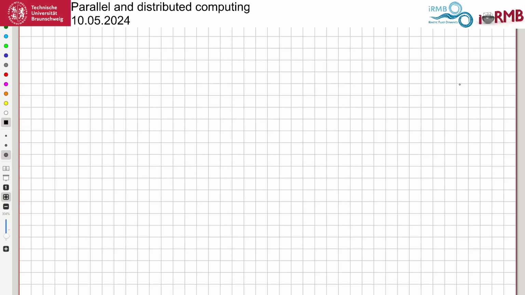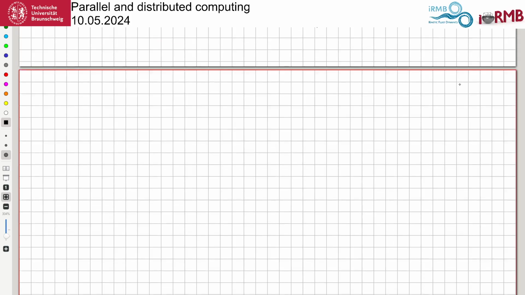So blocking improves data locality, and it makes good use of the cache.